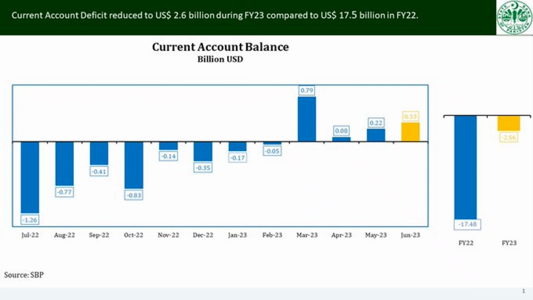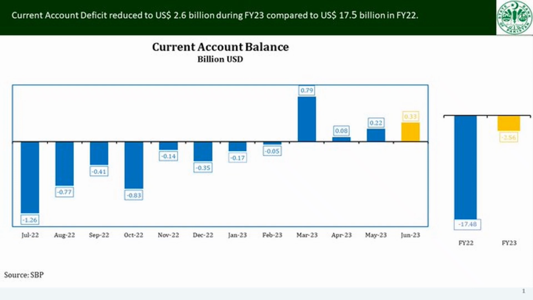We can see here that in July 2022, the country incurred a loss of $1.26 billion. There was a current account deficit of $1.26 billion. Then in August, the current account deficit stood at $0.77 billion. Then in September, it was $0.41 billion. Then in October 22, it was $0.83 billion.